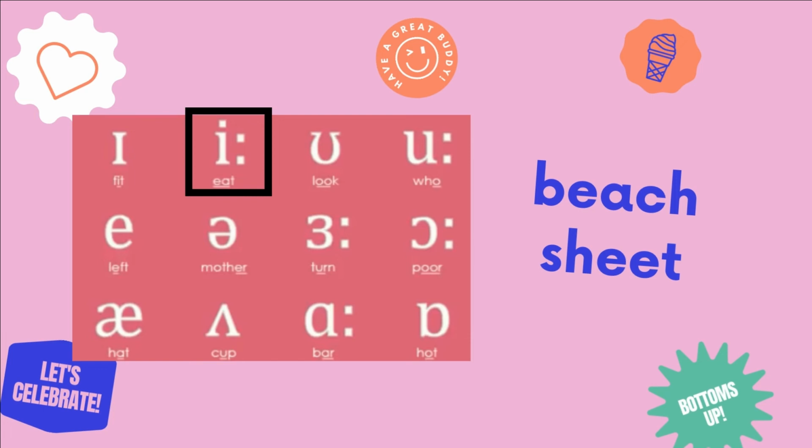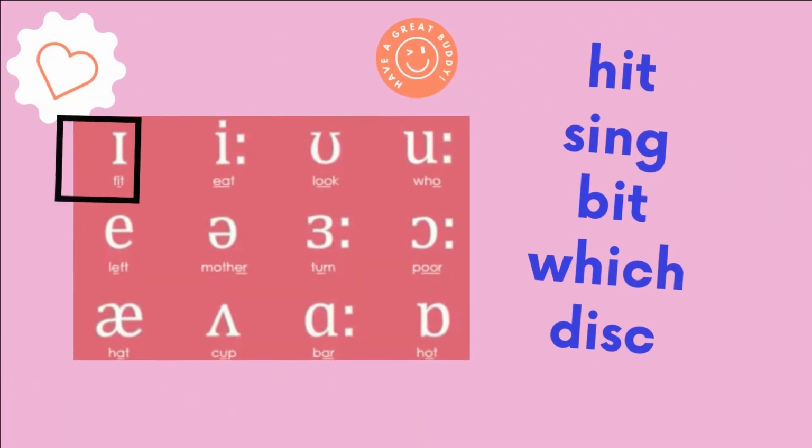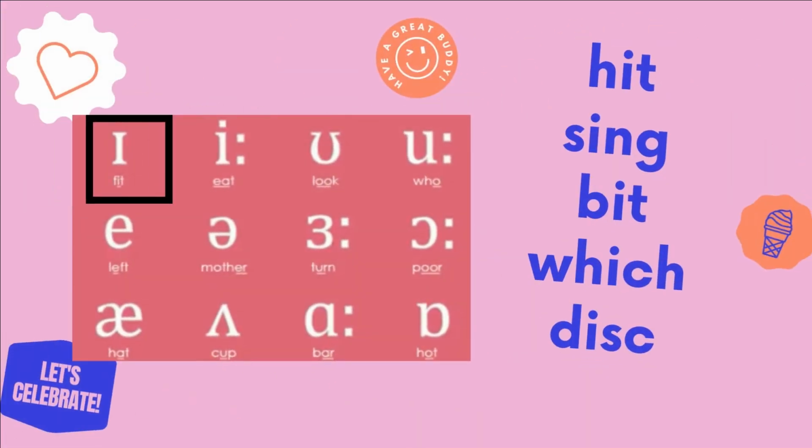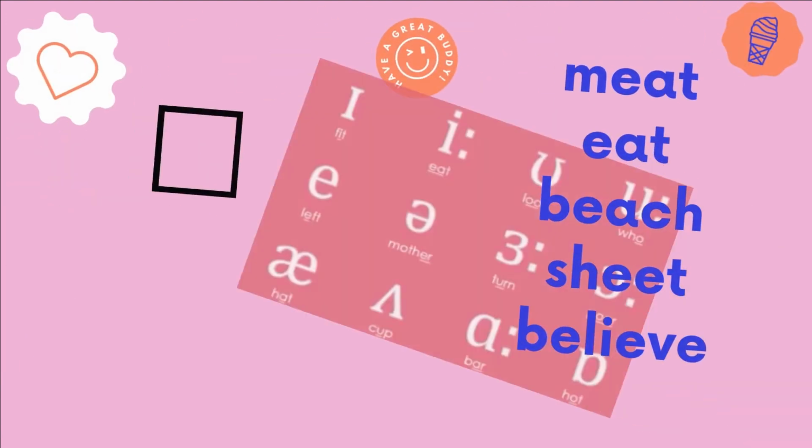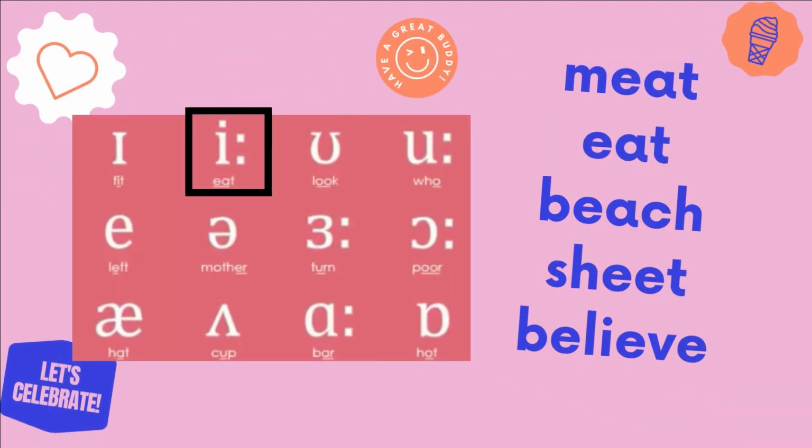So, long vowel sounds and short vowel sounds are important in English. The short sound is like hit, sing, pit, which, disc. The long vowel sound, meat, eat, beach, sheet, believe.